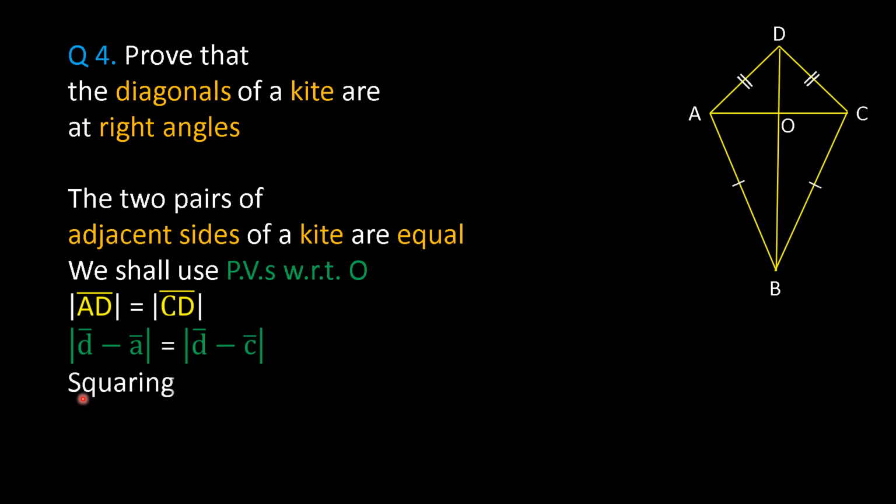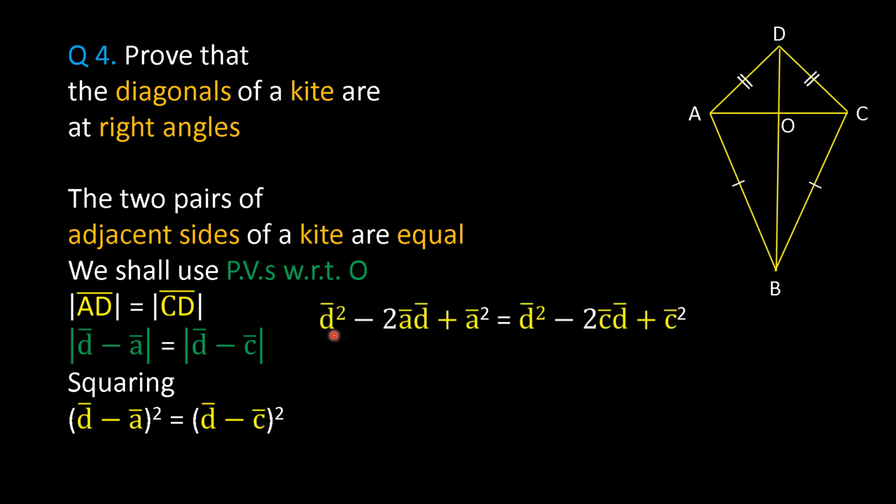We will square both the sides and write (D bar minus A bar) whole square equals (D bar minus C bar) whole square, which will be D bar square minus 2 A bar dot D bar plus A bar square equals D bar square minus 2 C bar dot D bar plus C bar square.